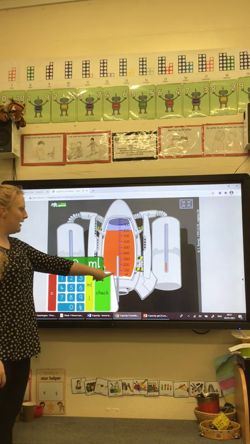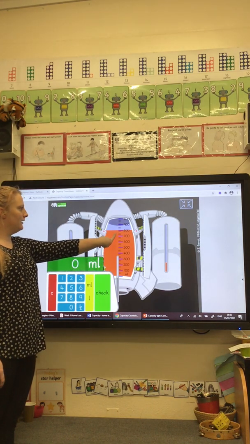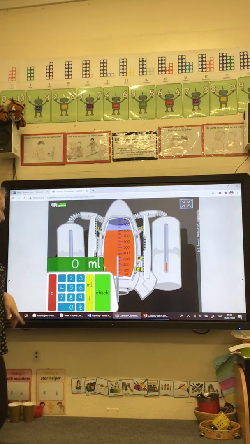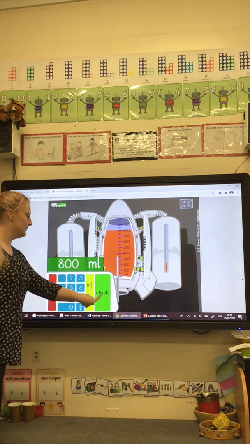Okay, let's look all the way up. Where did our liquid go to? 800 millilitres. So we have to type it down here. 800 millilitres.